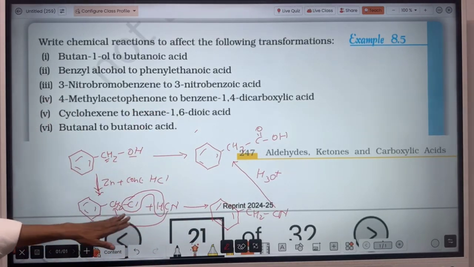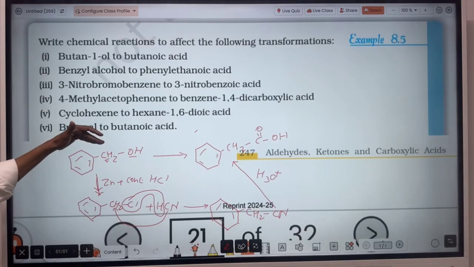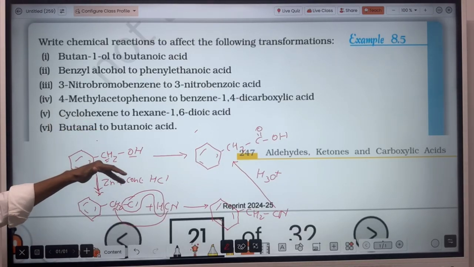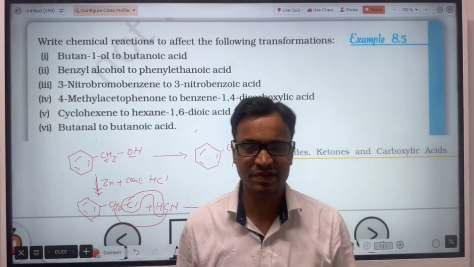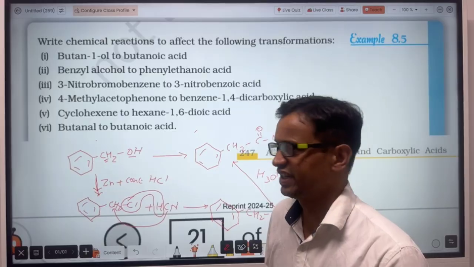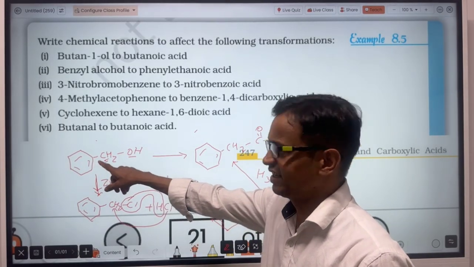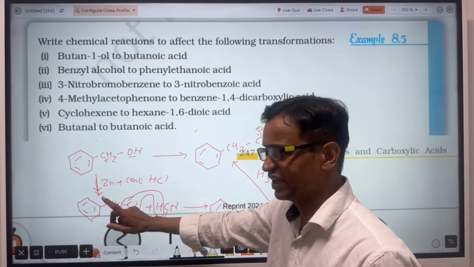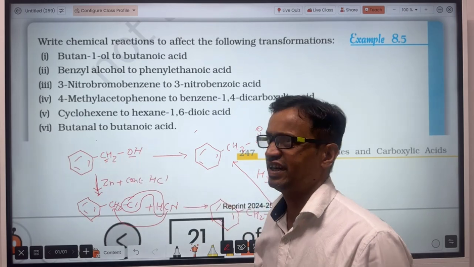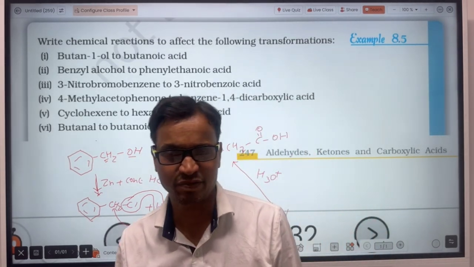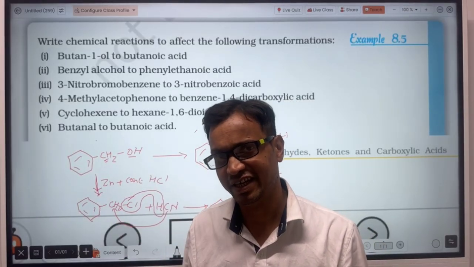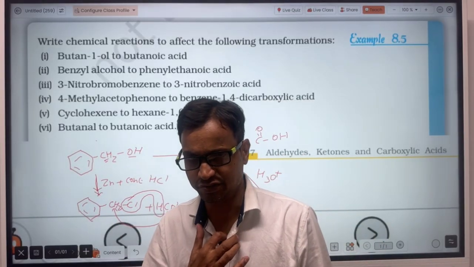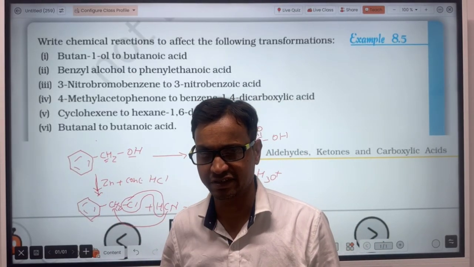So either you convert it to haloalkane like this, or another way is to convert this benzyl alcohol into aldehyde by taking a mild oxidizing agent like chromium trioxide, CrO3. So take a mild oxidizing agent so that alcohol will convert into aldehyde, and then that aldehyde reacts with HCN. I am hinting you, you try it yourself first.